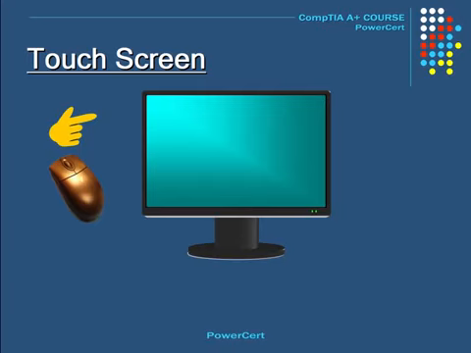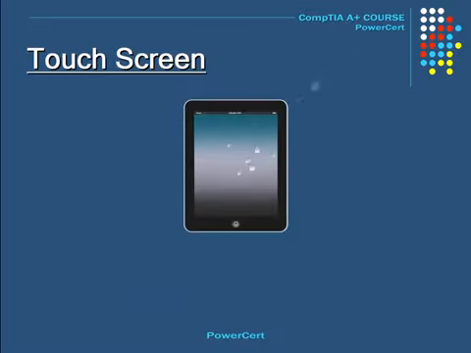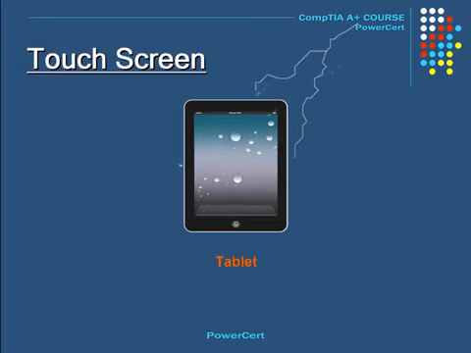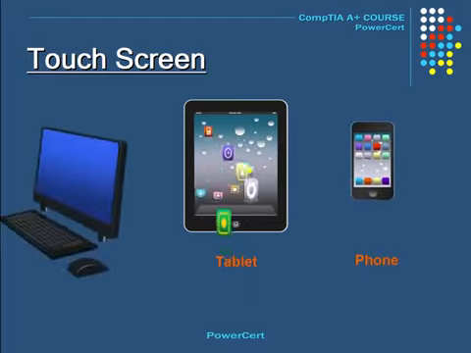Typically, one click on the mouse button equals one tap by a finger, and 2 clicks of the mouse equals 2 taps by your finger. Touchscreens are commonly used in all-in-one computers and tablets, such as the iPad, and they are also used on certain phones with touchscreen technology.